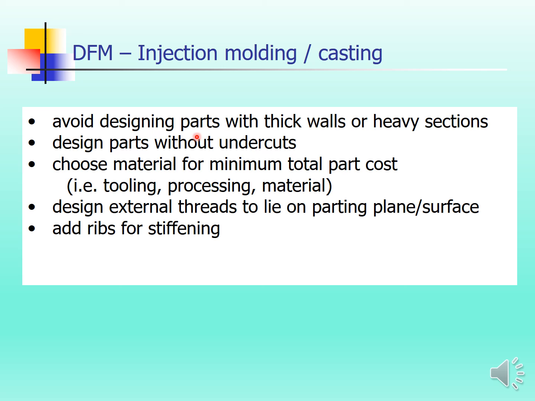First, avoid designing parts with thick walls or heavy sections. Second, design parts without undercuts for injection molding and casting. Number 3, choose material on minimum total part cost; this is a calculation you can refer to in the previous chapter. Design external threads to lie on the part panel surface, with ribs for stiffening.